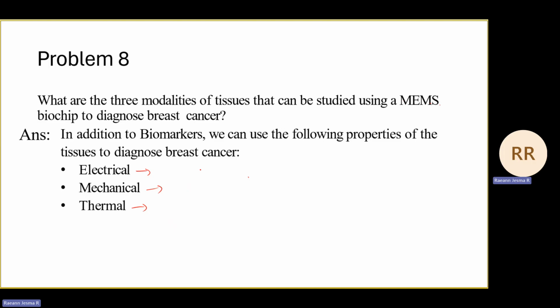So by measuring the change in the impedance between a breast cancer tissue and a healthy tissue, we can find out whether a person has the disease or not.